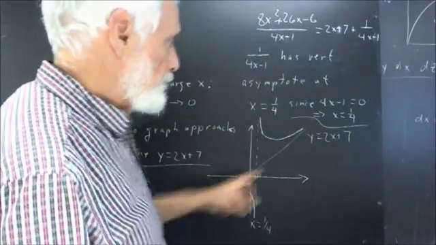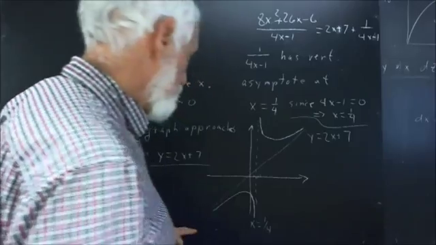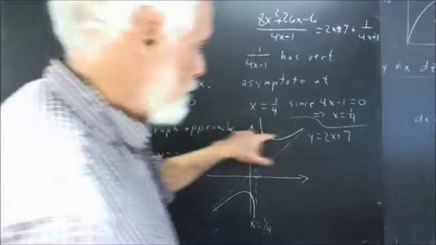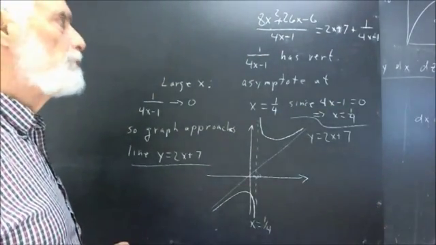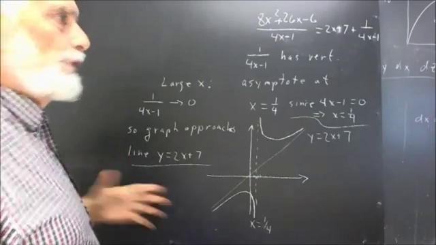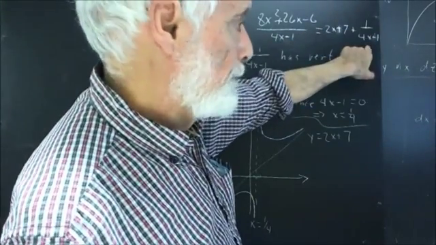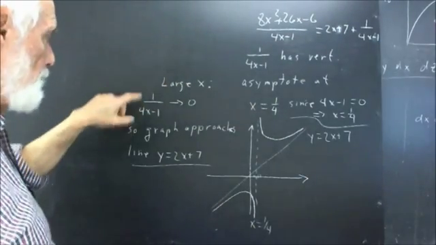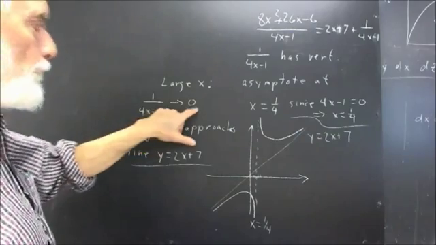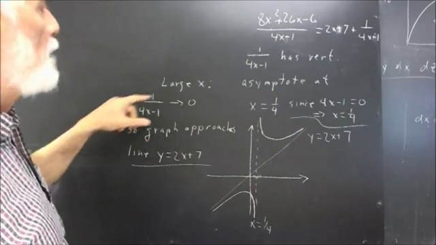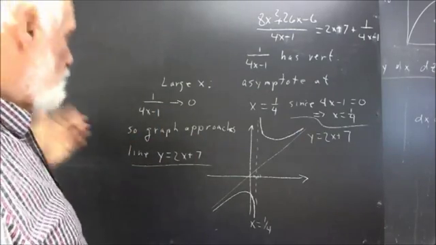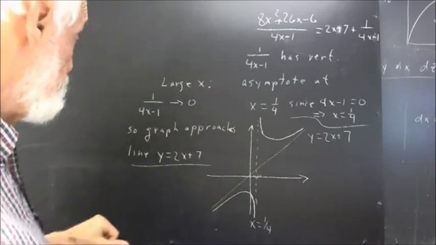Here's a graph of y equals 2x plus 7, and you see I've drawn the curves so that they're asymptotic to that line. Why should that be so? Think about what happens if x gets really, really big. What happens to 1 over 4x minus 1? It goes closer to 0. As x approaches infinity or negative infinity, this approaches 0.